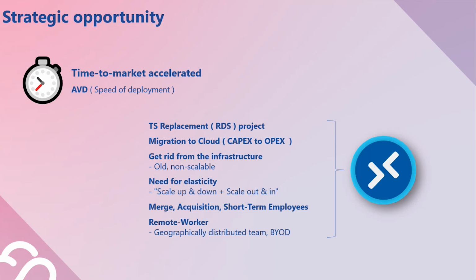Here we are seeing an opportunity with this type of project from the AVD perspective. If your customer has a terminal server replacement or remote desktop services project, for example, a migration to the cloud, maybe your customer wants to move from CAPEX to OPEX, or get rid of aging, non-scalable infrastructure, or any other bad point.